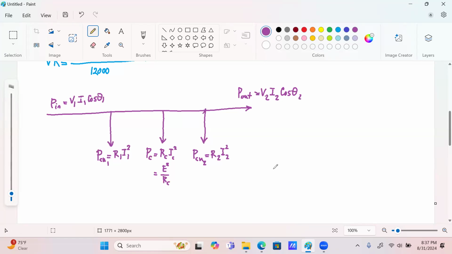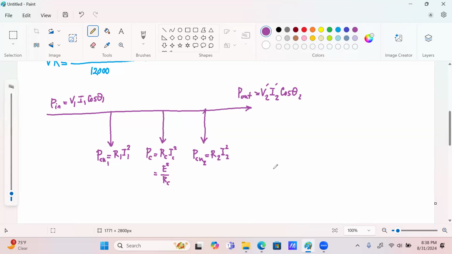And of course, hopefully you remember from our discussion in class that V2 I2 equals V2 prime I2 prime, because V2 is multiplied by A to become V2 prime, and I2 is divided by A to become I2 prime. So the A's cancel out. You could have V2 I2 cosine of theta 2, or you can have V2 prime I2 prime cosine of theta 2.